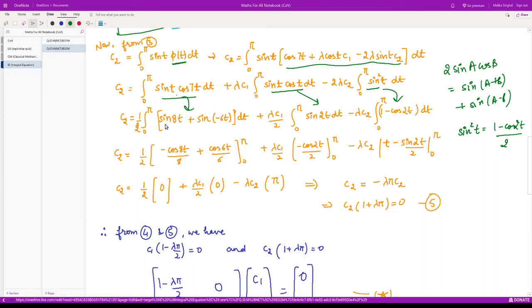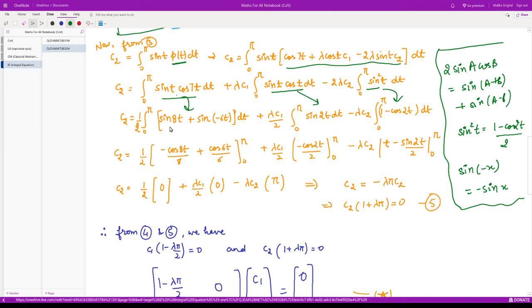The integration of sine 8t would be minus cos 8t by 8, and here sine of minus x is equal to minus sine x, right? So you see, in order to solve an integral equation, you must have the formulas of trigonometry at your fingertips, right?